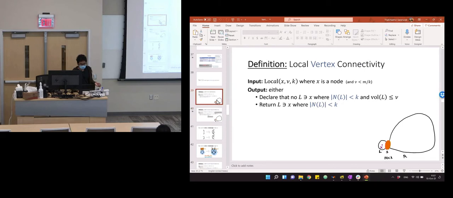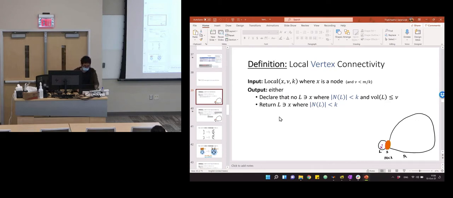That is, you ask if there is a set L containing seed X such that the neighbor set of L, the nodes that are adjacent to L, is smaller than k. So now it's about vertex cut, and the volume of L should be small.